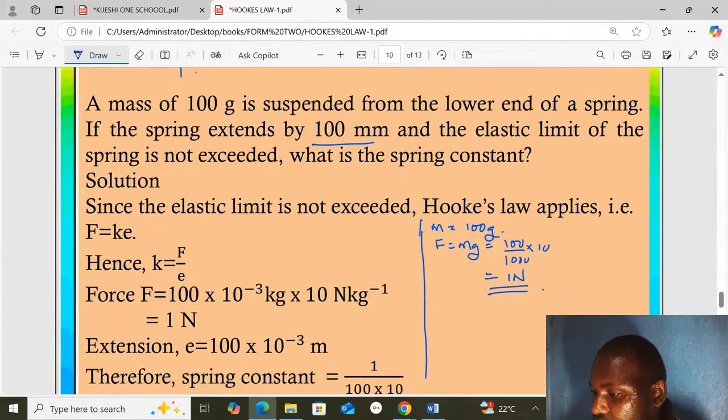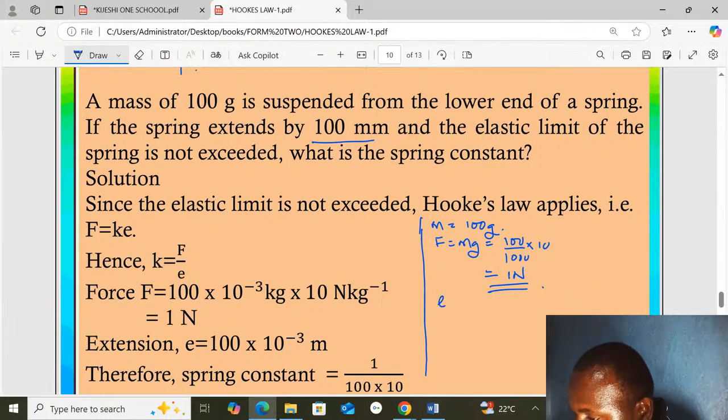Our extension is 100 millimeters. This one in SI unit is equivalent to 100 divided by 1000, so that you get 0.1 meter.